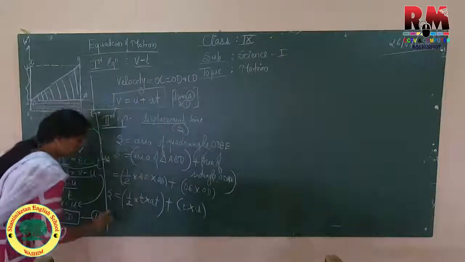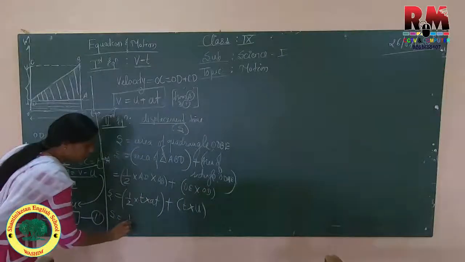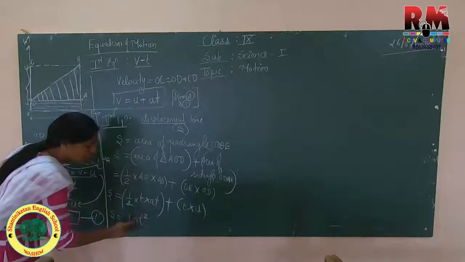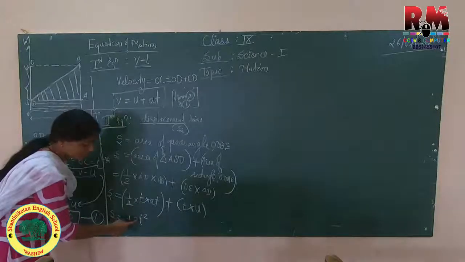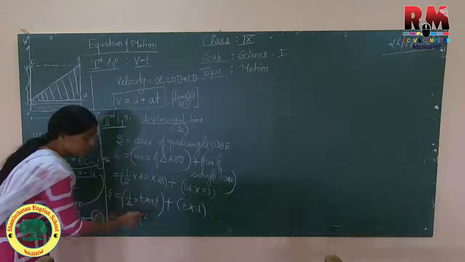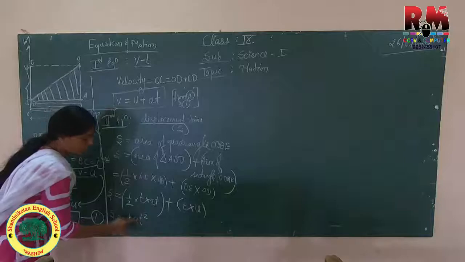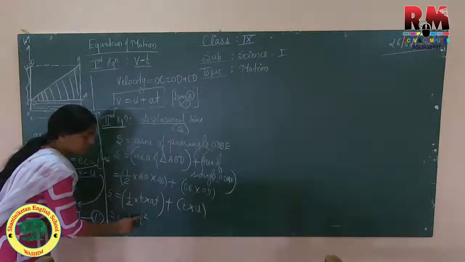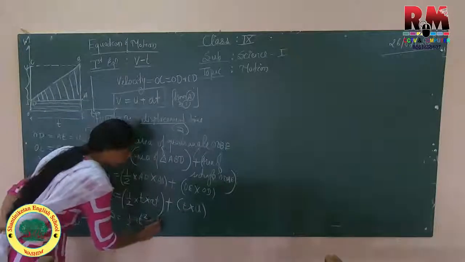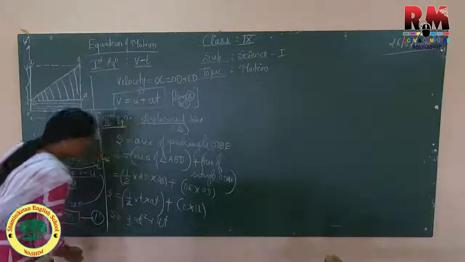Now S is equal to half a t into t, t square, not a square. Children, make sure you square the t, because t into t is t square. A is once and t is twice. That's why half at square plus t into u, ut.